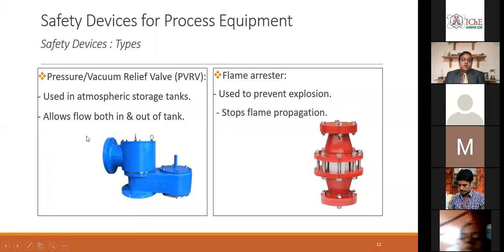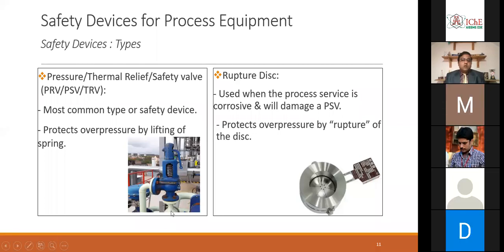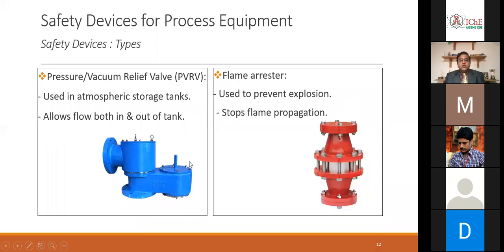Then comes the pressure vacuum relief valve, the PVRV. Previously we saw the PSV can only release the fluid from a vessel to the external medium, whereas the PVRV acts both ways.